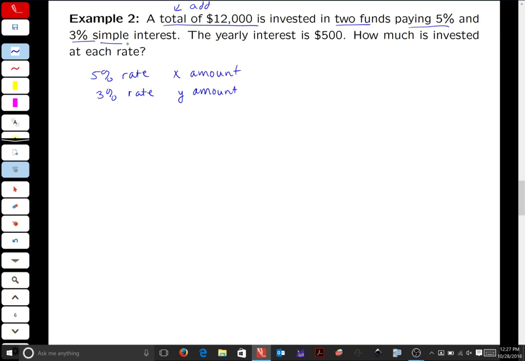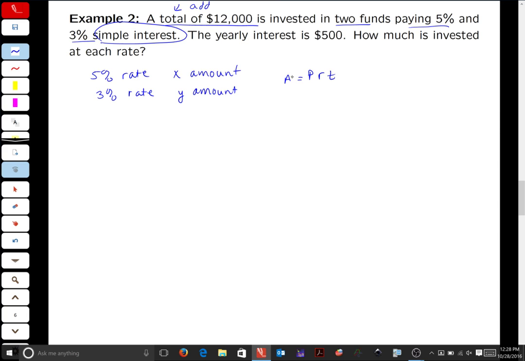Now, it said simple interest. So simple interest is, it's not e to the rt. It's just your principal times rate times time. So this is going to be the amount that you're going to get.